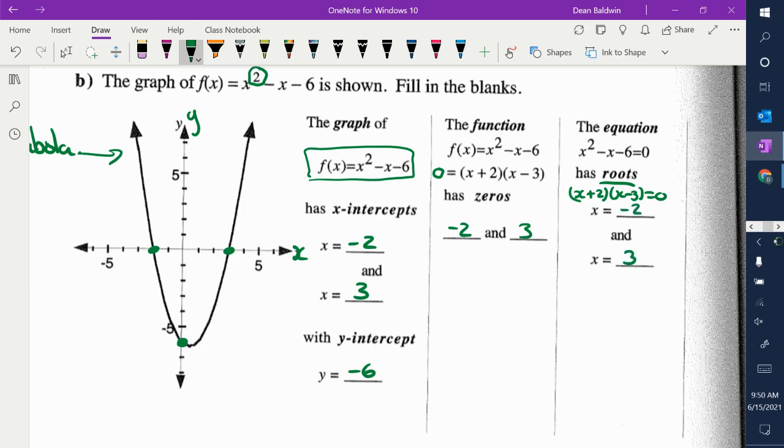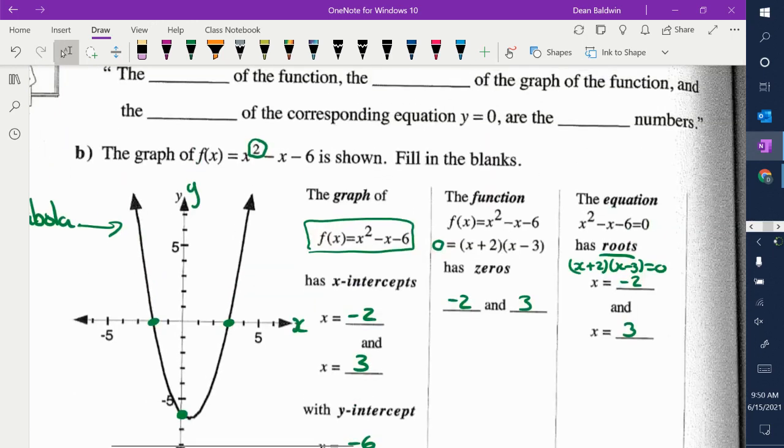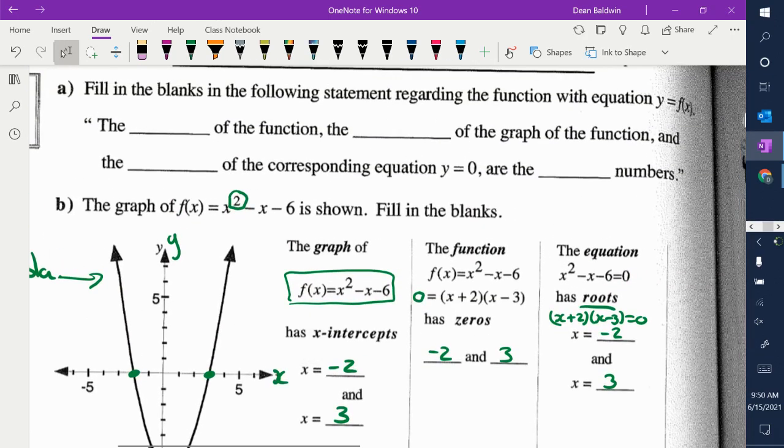-2 and 3. So these are all the same numbers, right? So what we can say is, and we'll do it at the top, the zeros of the function, the x-intercepts of the graph, and the roots of the equation y is equal to 0 are the same numbers, okay?